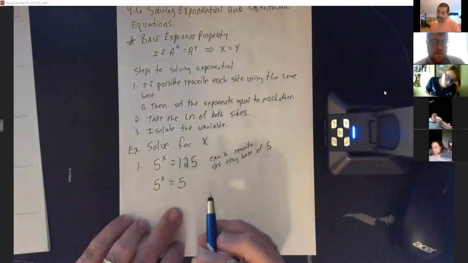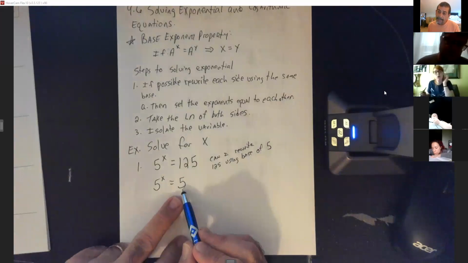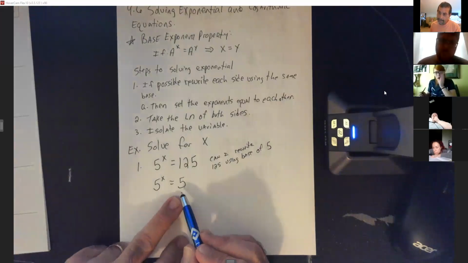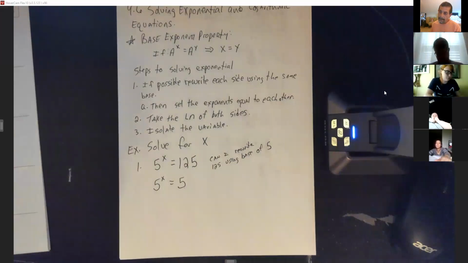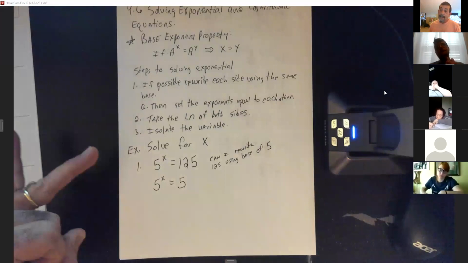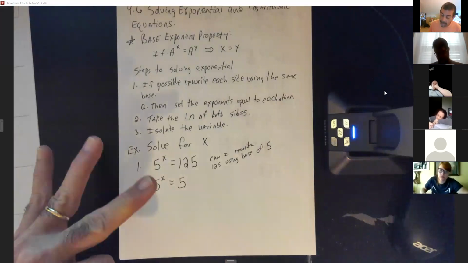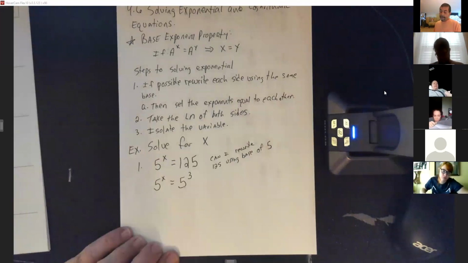If I'm going to rewrite with 5 as my base, how many times can I multiply 5 times itself to get 125? 5 times 5 is 25, and 25 times 5 is 125, so that was 3 times. So the exponent would be 3.